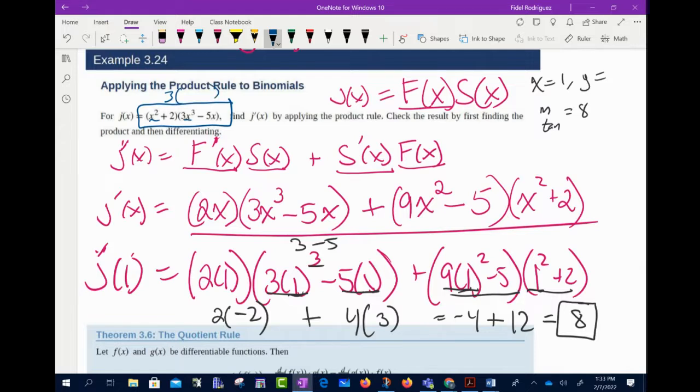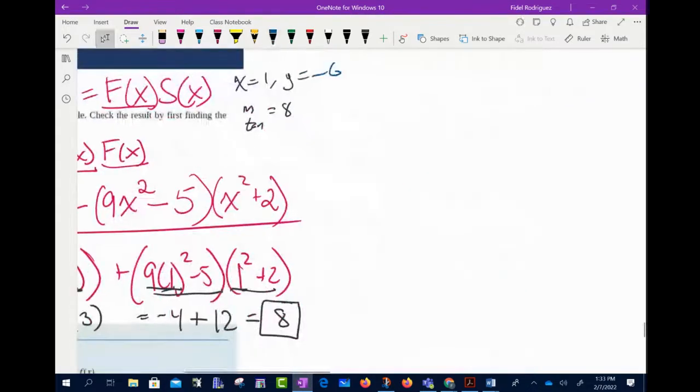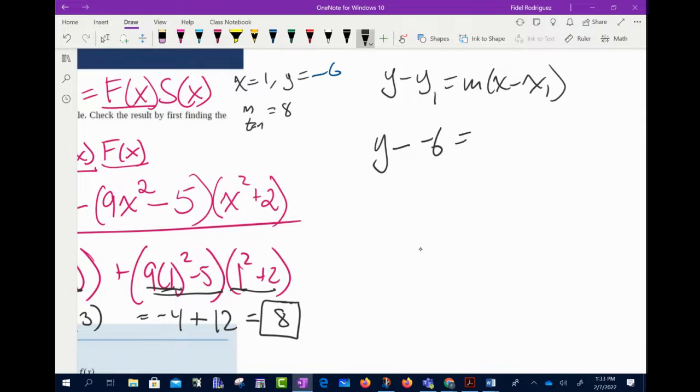What's 1 to the third? 1. 1 times 3? 3. 5 times 1? 5. So this would be 3. 3 minus 5, so wouldn't this be negative 2, and then we go from there?